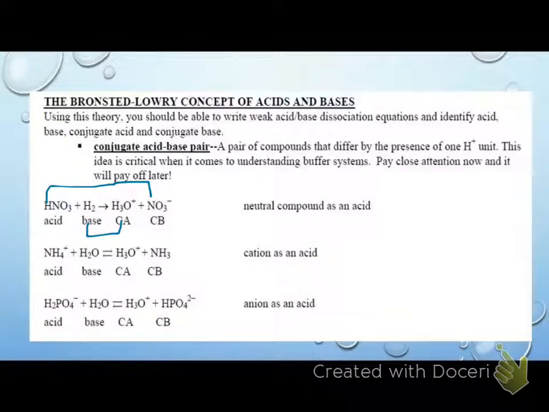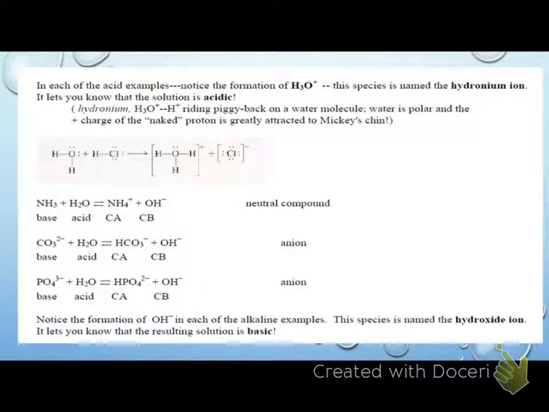Acid goes with the conjugate base and then these go together. Do y'all remember that from Chem 1? Okay, and then here's your acid, there's your conjugate base, and then here you go. So hopefully that rings a bell, and I don't need to go over that too extensively. But they are going to differ by the presence of one hydrogen unit. So today's a lot of refreshing from last year.